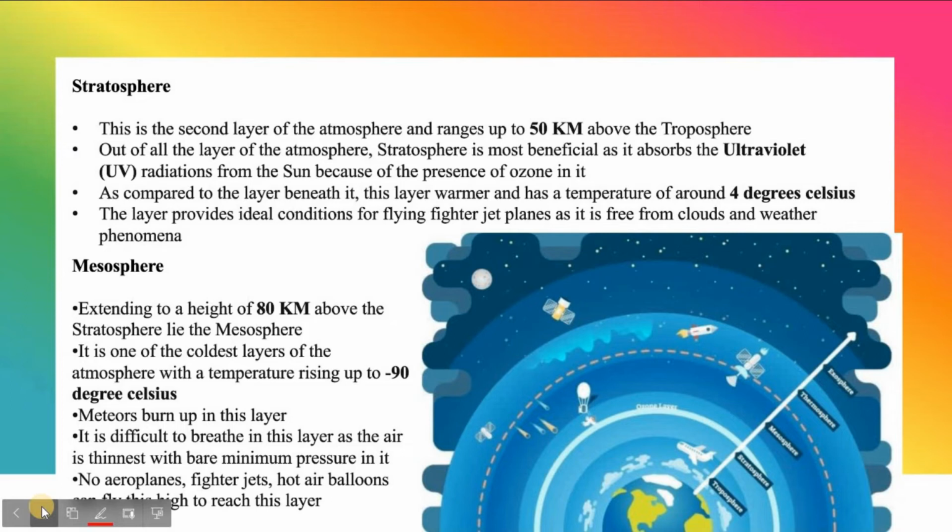Out of all the layers, the stratosphere is the most beneficial as it absorbs the ultraviolet radiation from the sun because of the presence of ozone. It is warmer than the layer beneath, with a temperature of around 4 degrees Celsius. The layer provides ideal conditions for flying fighter jets as it is free from clouds and weather phenomena.